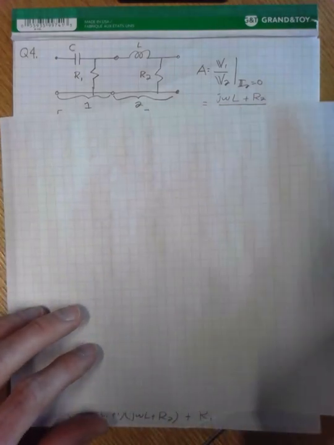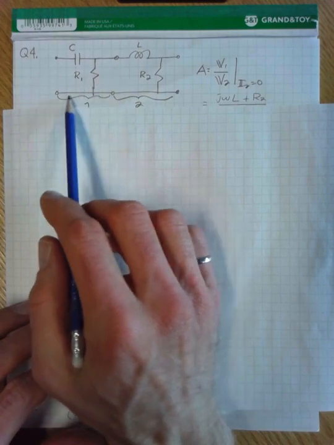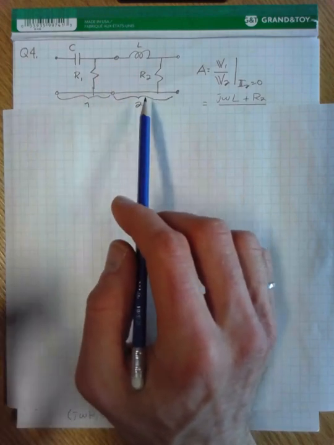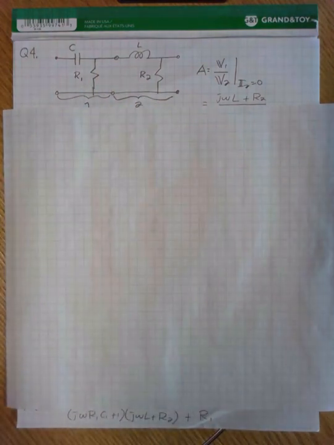And basically you had to determine the ABCD parameters for these two systems and then multiply the T matrices together to determine the A parameter of the overall cascaded system to determine the voltage transfer function.